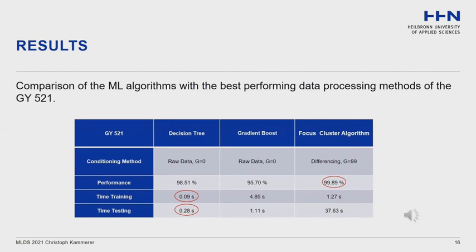Now the last matrix with the highest performing multisensor, the GY521. Here the highest performance is reached with the focus cluster algorithm and differenced and averaged data at 99.89%. The fastest processing time was again with the decision tree.